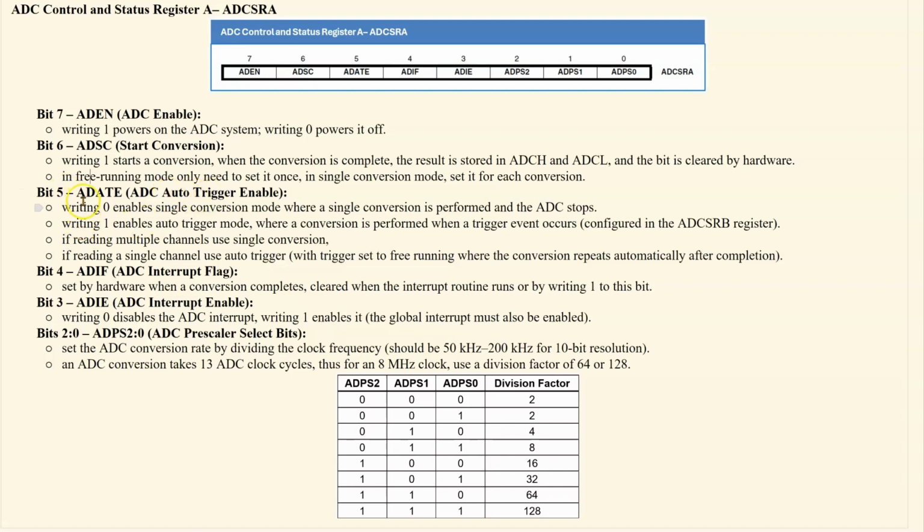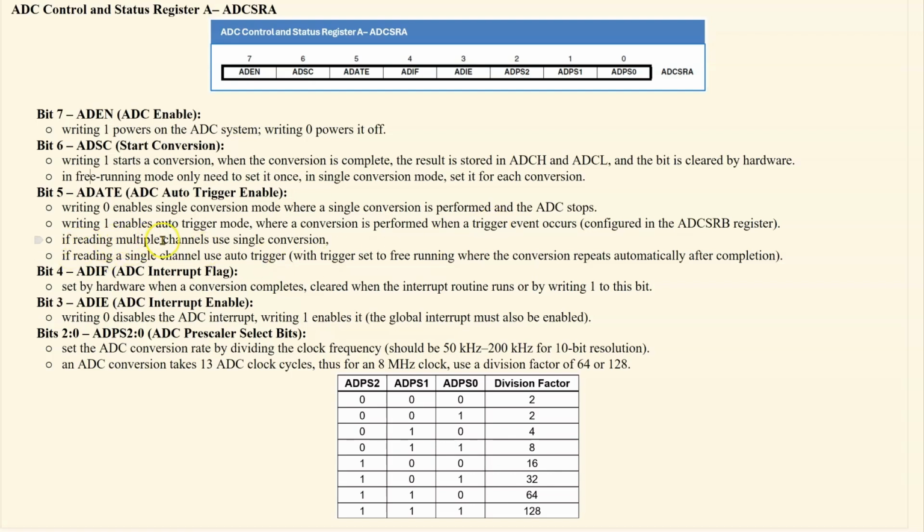If you set this bit 5 to 0, then that's single conversion, where a single conversion is performed and the ADC stops. It needs to be started again for the next conversion. If you write a 1 to that bit, it enables the auto trigger mode, and the conversion is performed by the trigger event that's configured in the ADCSRB register.